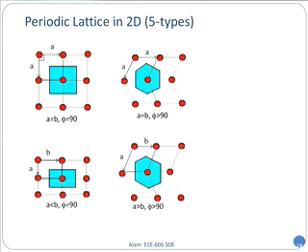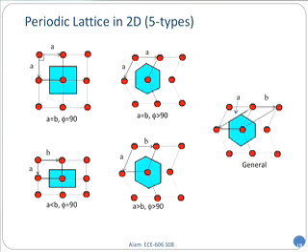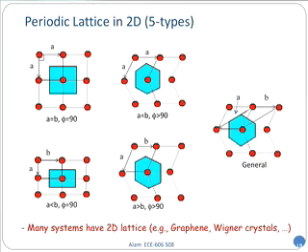Two sides unequal, angle not equal to 90 degrees, the general form. And you can see the square in the blue. What is that? That's the Wigner-Seitz cell for 2D. You should convince yourself that this indeed is a Wigner-Seitz cell: we take the neighbors, bisect the connecting lines, and that would be the Wigner-Seitz cell. But the main point is 5 types, no more than 5 types, and these would be the basis of many, many works.